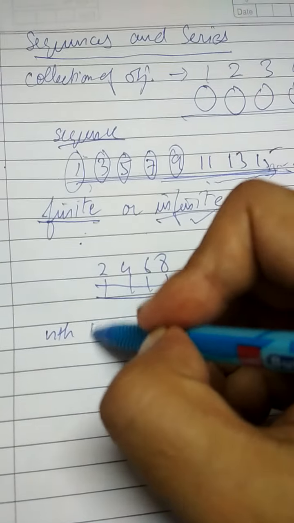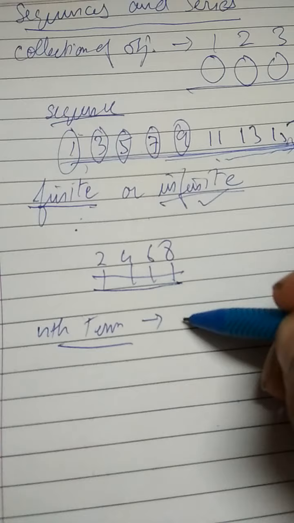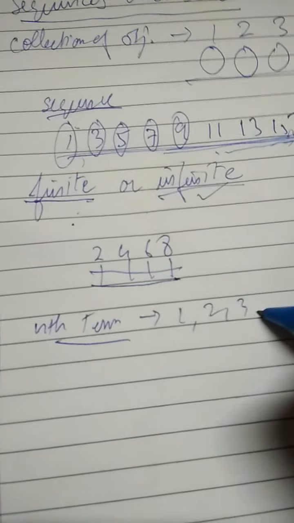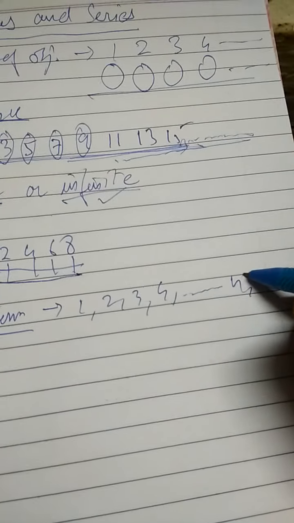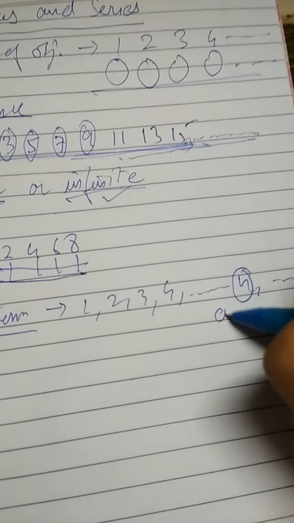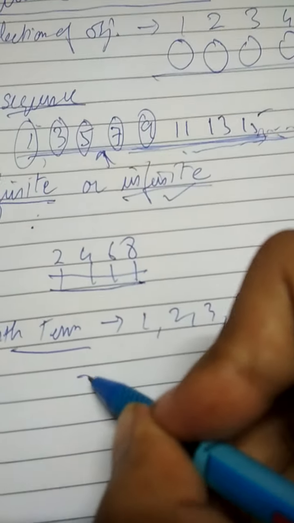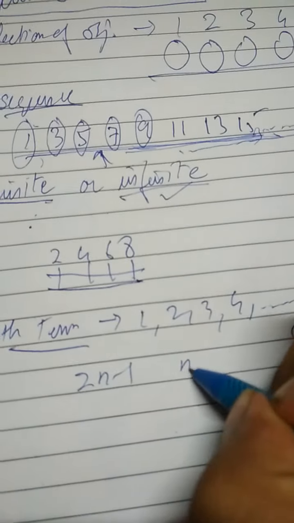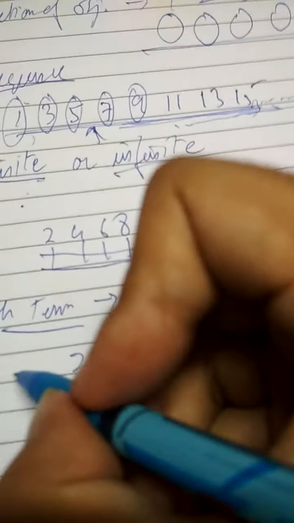Now we define the nth term of a sequence. The nth term of the sequence is the term which is placed at number n, after 1, 2, 3, 4, and so on. It is denoted by a_n. For this sequence, the nth term will be 2n minus 1, n greater than or equal to 1.